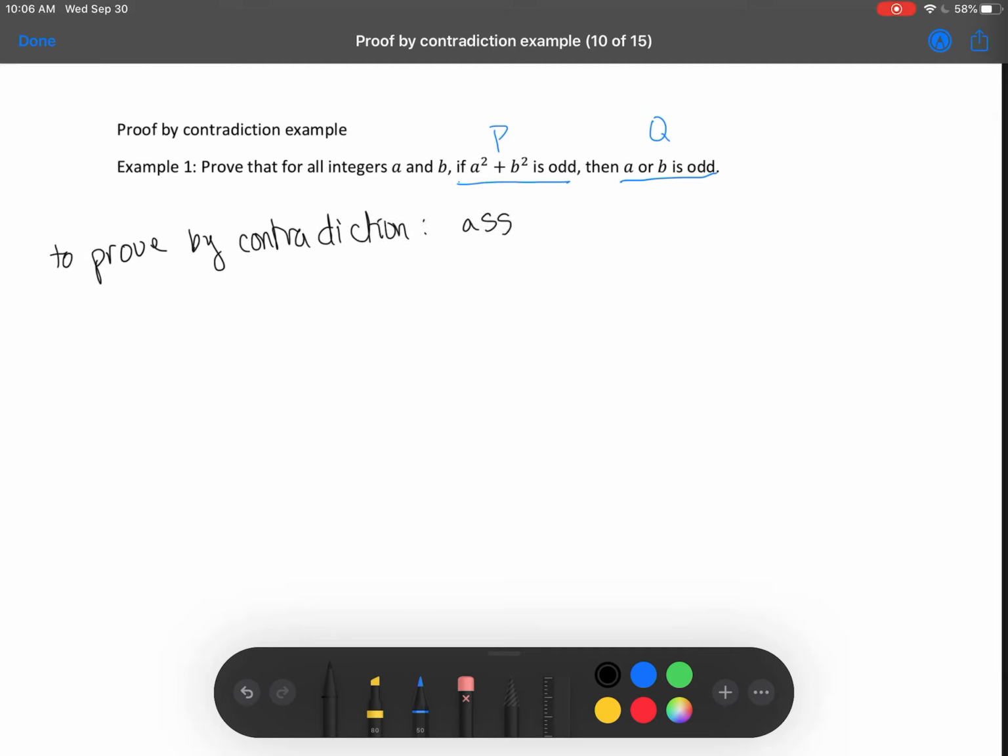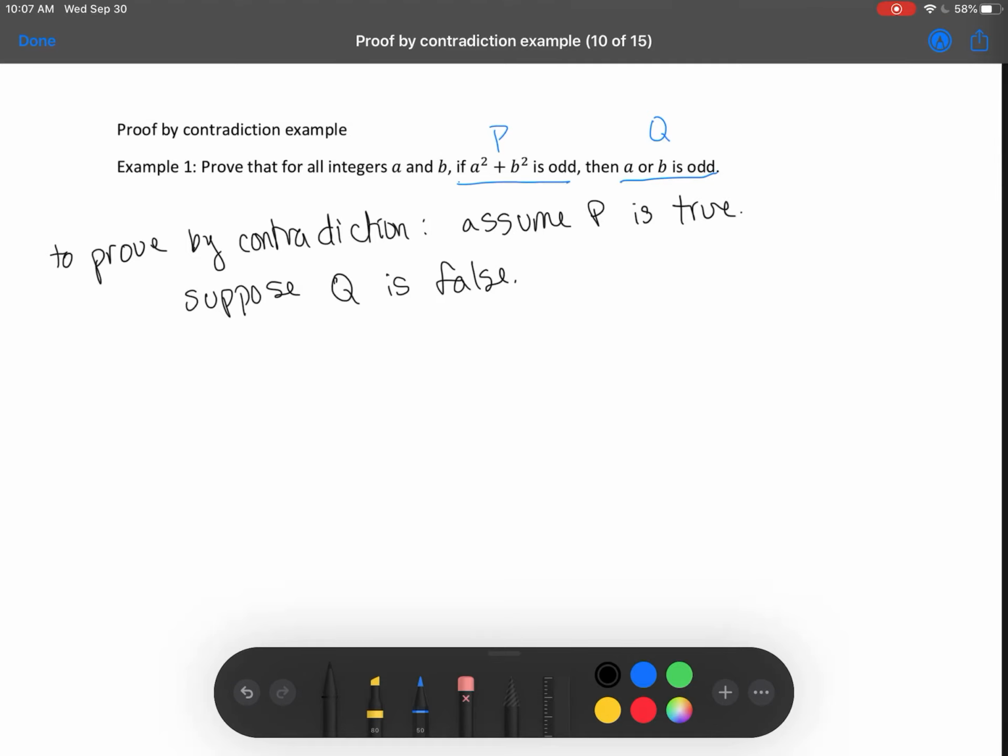We get to assume that P is true. That's exactly how we would start a direct proof of an implication also. And then we also get to suppose that the conclusion Q is false.